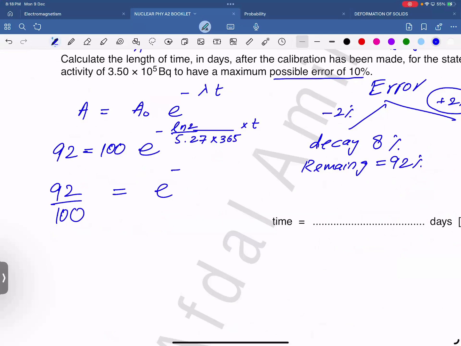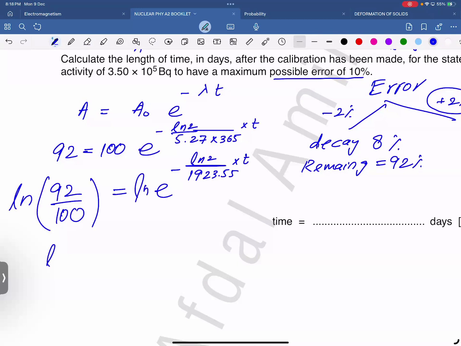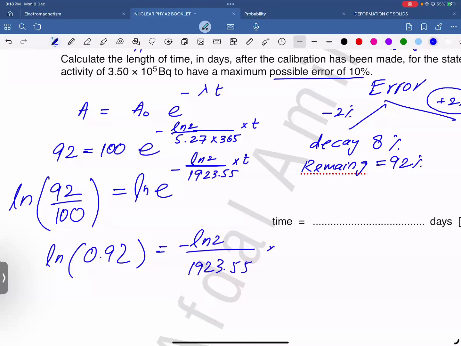Keep it. 0.92. Take natural log. So log of 92 over 100, directly write 0.92, is negative ln 2 over 1923.55 t.